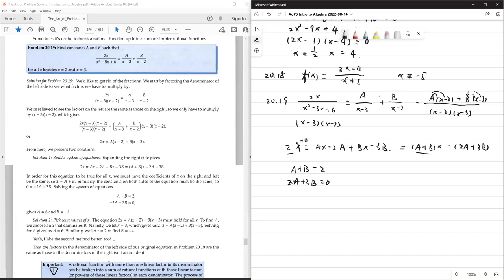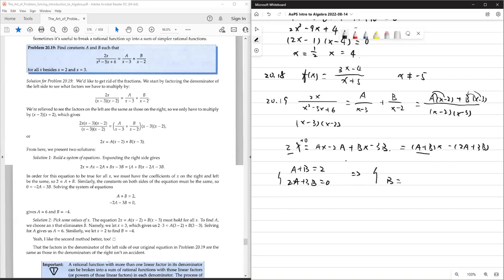Makes sense? Now I have a set of equations. A plus b equals 2, and this in the book is negative, but it doesn't matter because negative and positive is all 0. So I'm gonna just solve directly.